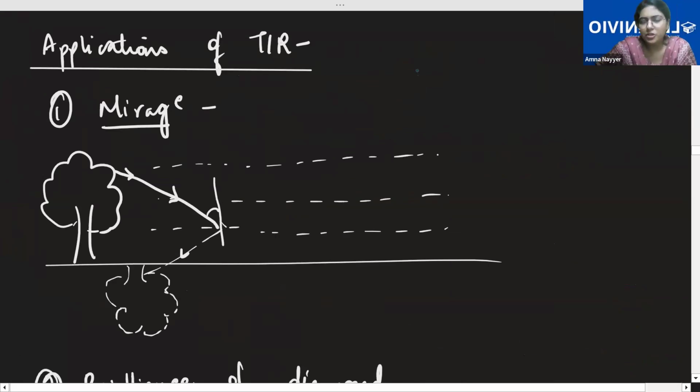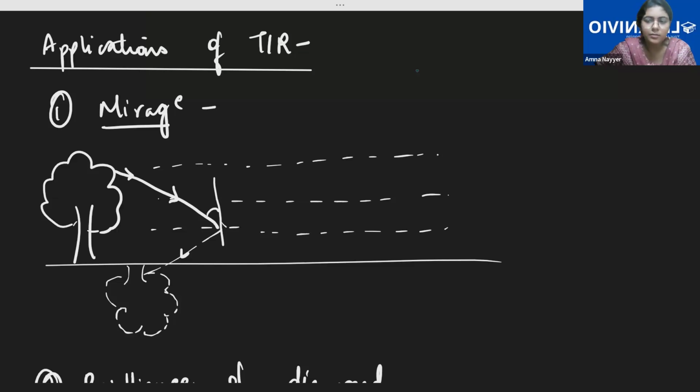See, one is mirage formation. Have you heard of this mirage formation? Yes, ma'am. What is a mirage? So basically, there are different layers of the atmosphere. Different refractive indices are present in the different media, right?